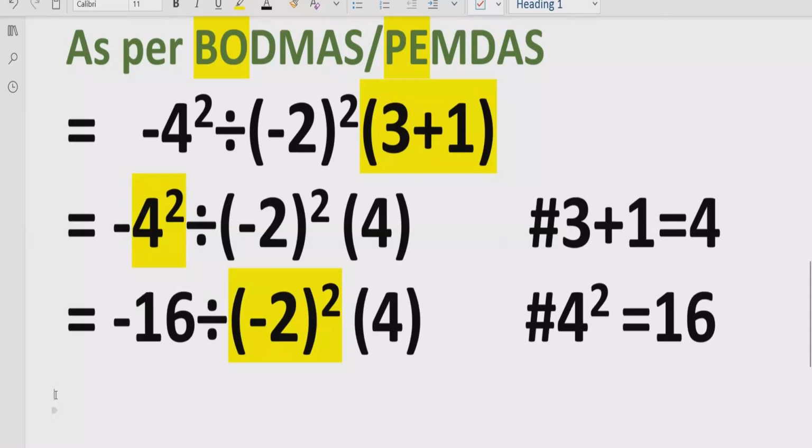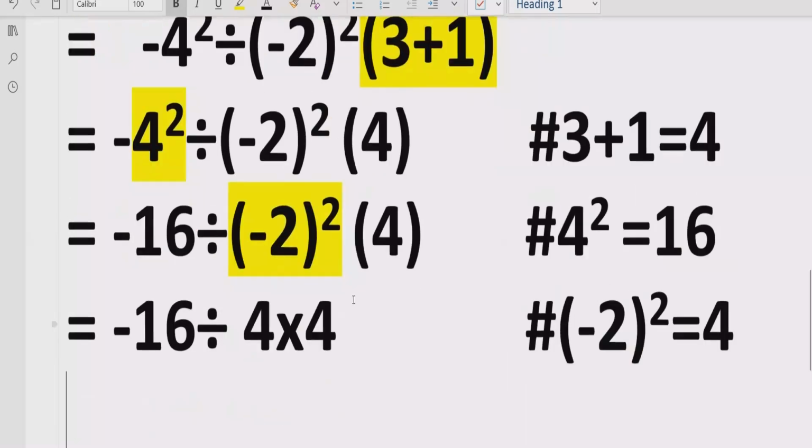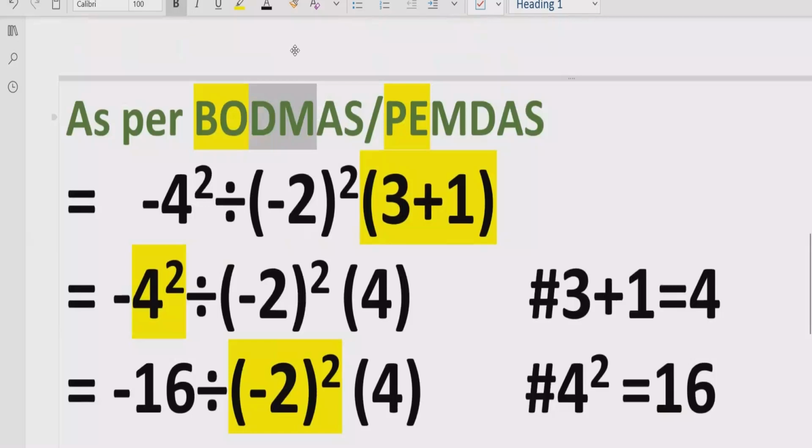So we will write here minus 16 divided by, and minus 2 raised to power 2 means 4 because we have minus 2 multiplied by minus 2, which is equal to 4. So here we will write 4 and this one multiplied with another 4. Now, we have solved the exponent part.